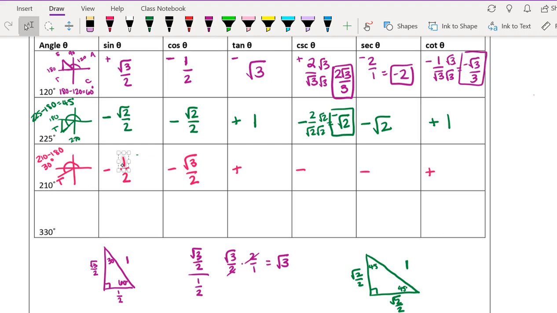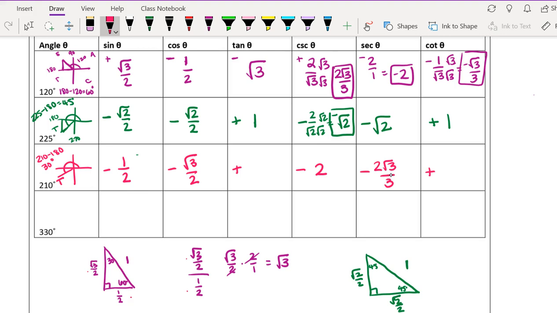That also means that my cosecant and my secant are going to flip. So this is a negative 2. And then my cosecant is going to be negative 2 root 3 over 3. For my tangent and cotangent, those are going to flip places. So since I originally had root 3 over 2 over 1/2, now I have 1/2 over root 3 over 2.